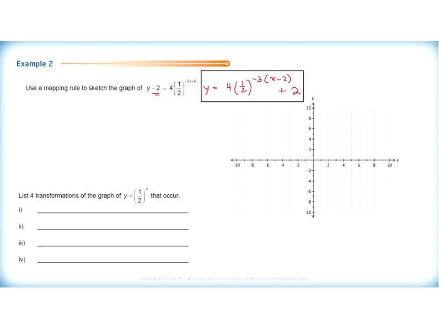What we're going to do now is take that function and create a mapping rule for the function. We're going to create a table of values for the base function. And we're going to use our table of values or our mapping rule to create a table of values for a new function. Let's do that. Mapping rule. XY maps to. You take the reciprocal of the 3 to get 1/3.